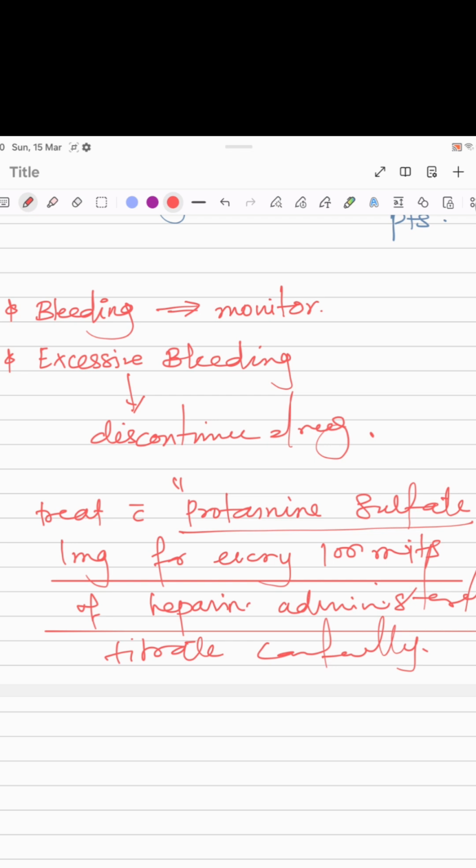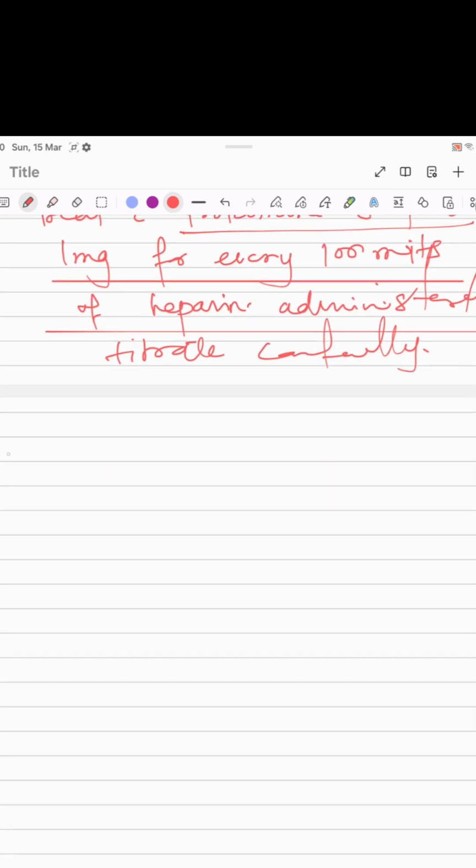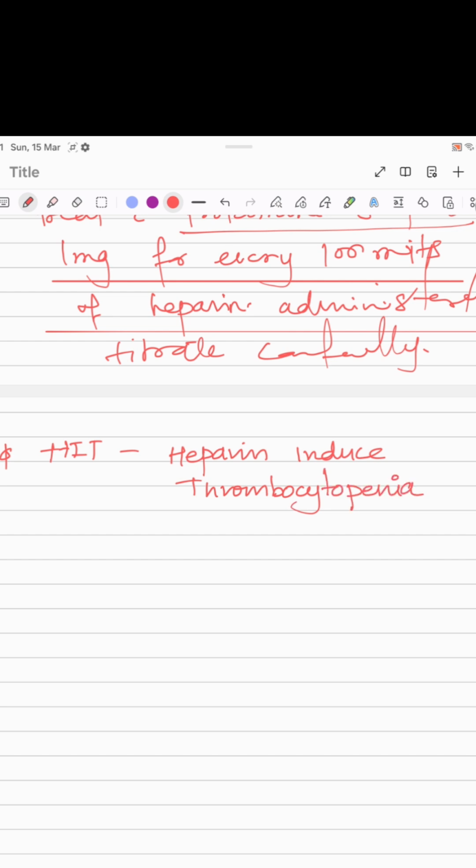After that, the other side effect is HIT. What is HIT? HIT is heparin-induced thrombocytopenia.